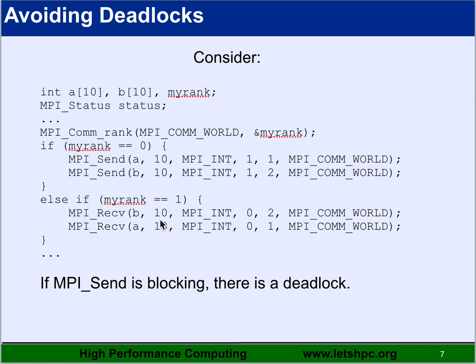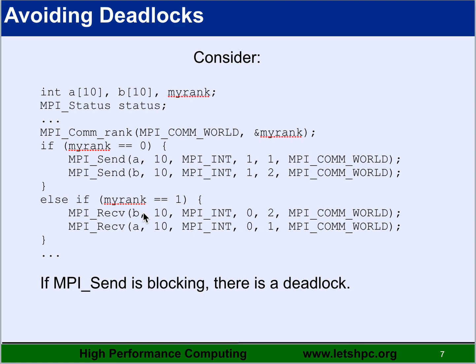Now on the receiving side, process 1 is looking forward to the first receive, which is basically B. But on the other hand, process 0 has actually sent A. So ideally it should have received A, but it is trying to receive B. So there is a kind of deadlock, because B will never arrive, because MPI send A is waiting for process 1 to confirm that A has been received properly.